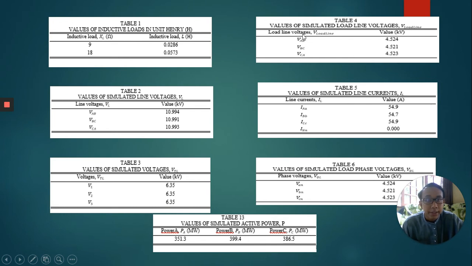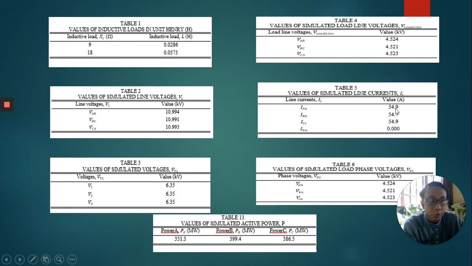And for the load line, VAB is equal to 4.24, VBC 4.21 volt, and VCA we got 4.523. Then the value of simulated line current IL: line IAB, IBB, ICC, and the neutral line.